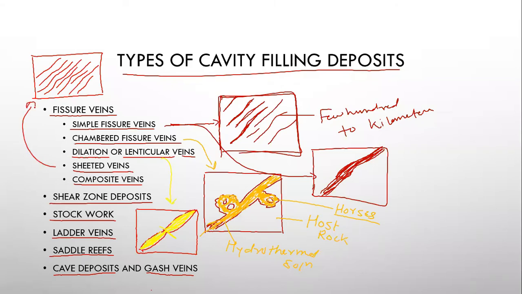And the last one is composite veins. Sheeted veins are also called parallel vein deposits. Composite vein deposits means what? A composite vein deposit is a wide zone of nearly parallel fissures connected by dilations.